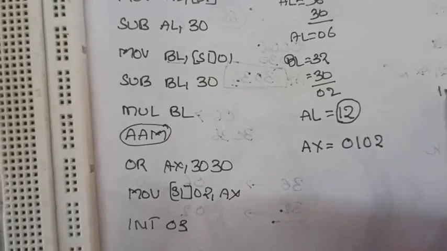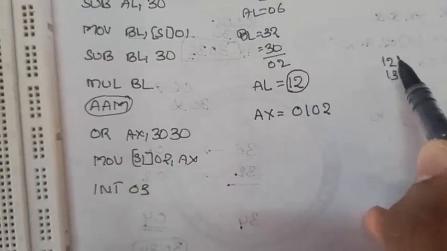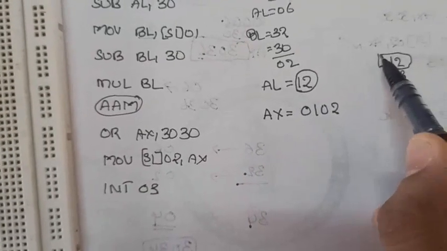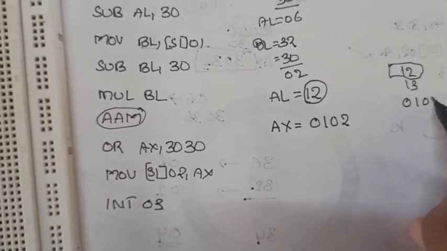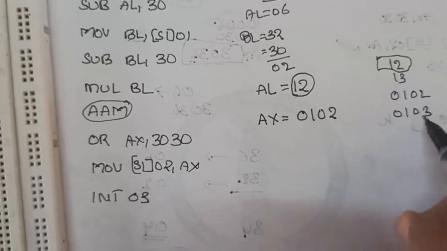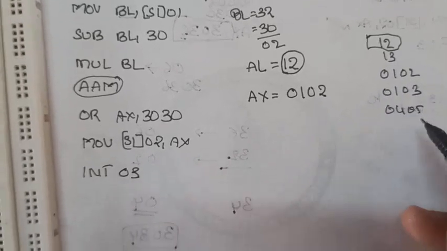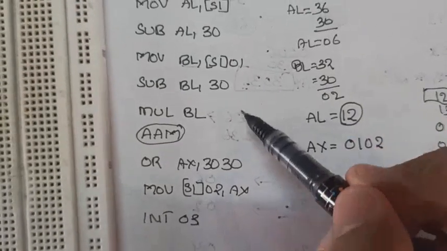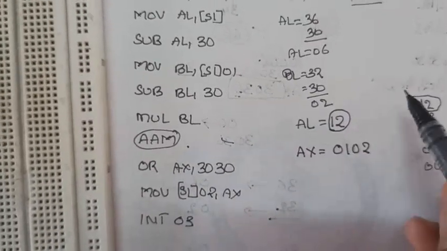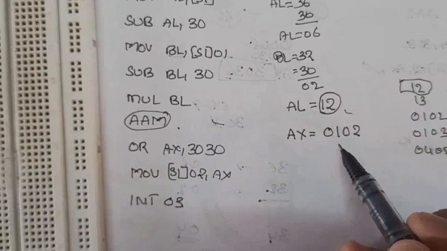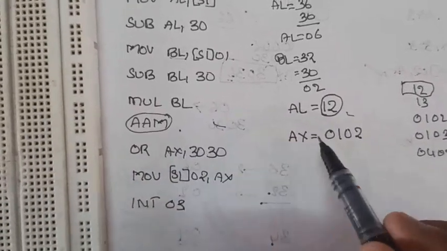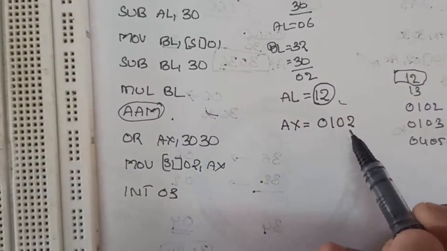Unpacked means, suppose 12, 13, this is all packed data; 1, 2 is packed data, 1, 3 is packed data. Unpacked data means 0102, 0103, 0405. This AAM instruction converts the packed data available in AL into unpacked form. So after AAM, the AX content will be 0102.